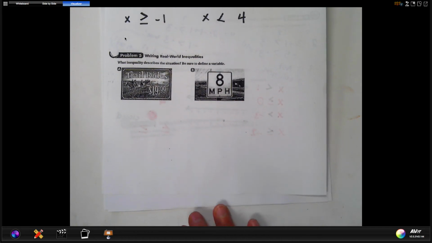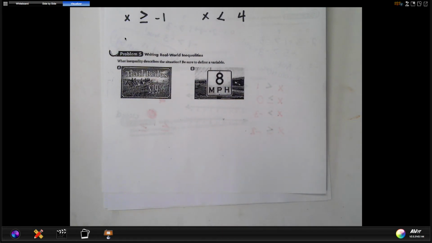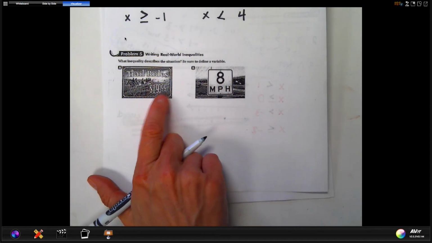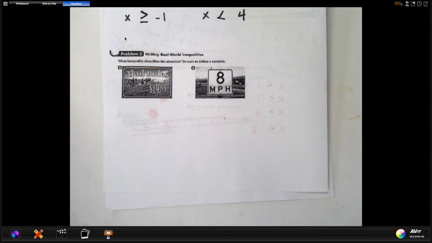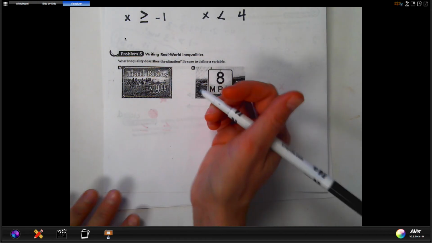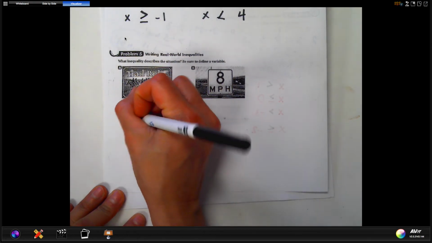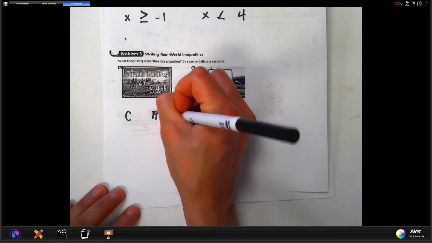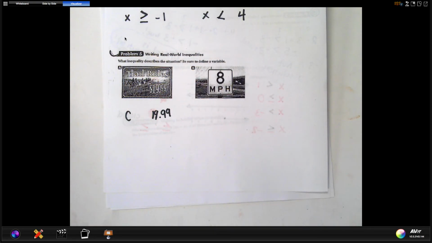All right, last but not least, writing real-world inequalities. You are going to come across these, but you won't write an inequality in your head for them, right? But they really are inequalities. It says trail rides starting at $19.99. So what you're going to pay, your cost, let's say C, and $19.99. Think about that a second.